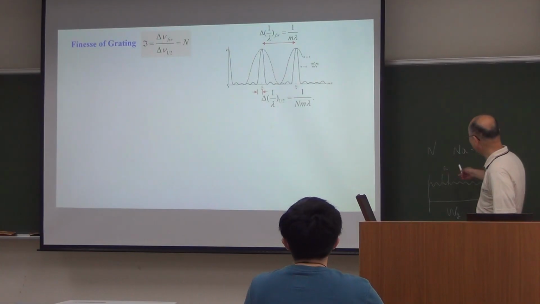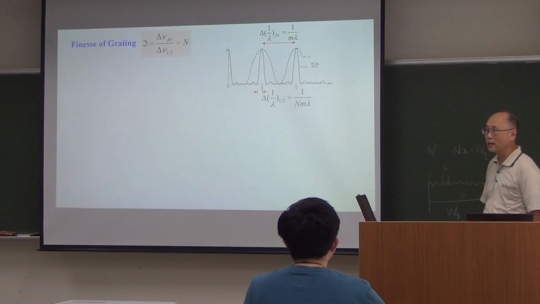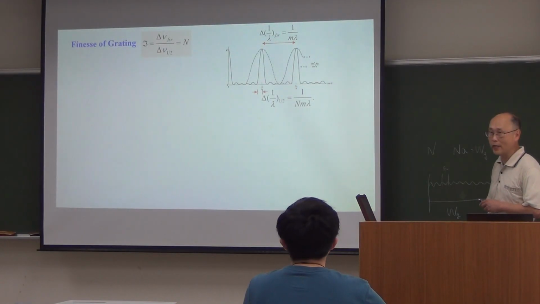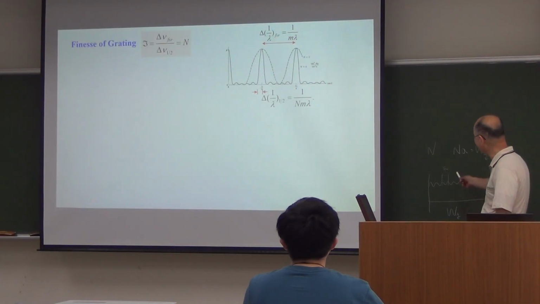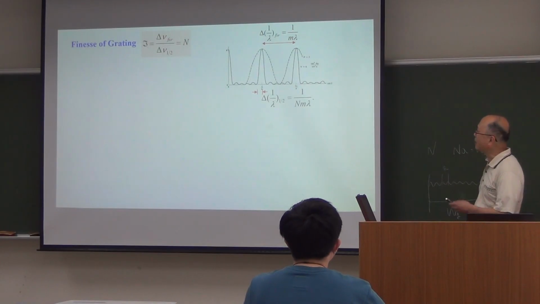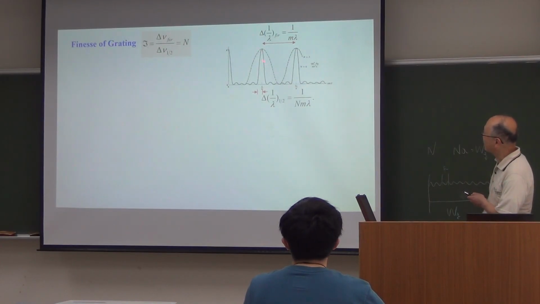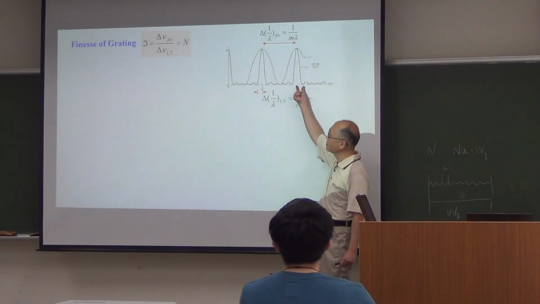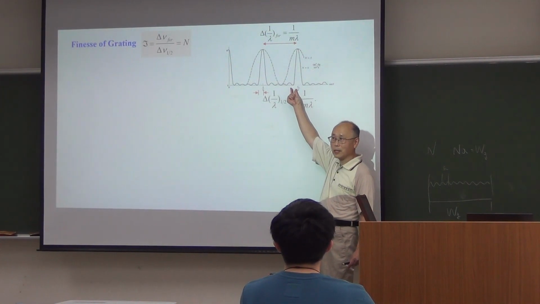Okay. So this N determines the resolution, the spatial resolution of these elements. If you have big N, then you can resolve this pretty well. Okay. If this is very narrow, this means that the wavelength selectivity of this grating is very good.